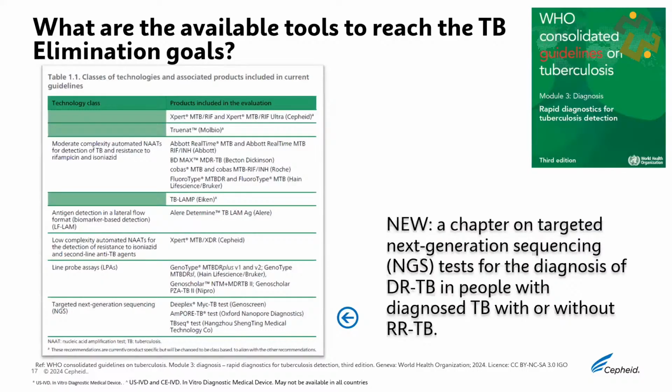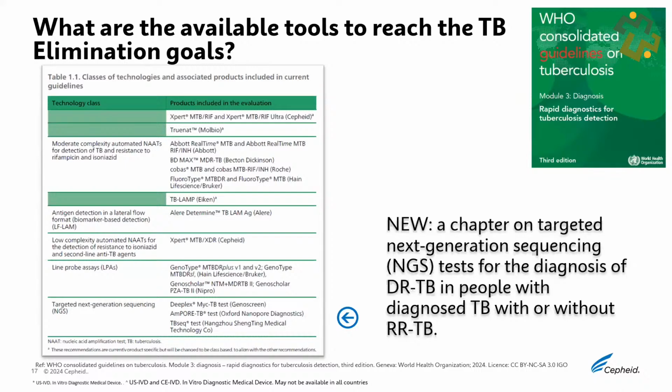So the slide here outlines the WHO-endorsed TB diagnostic technologies. We know that we have a wide variety of diagnostics. They are countless and they differ according to characteristics. And we know that we as clinicians, or as healthcare specialists, are guided by the WHO.